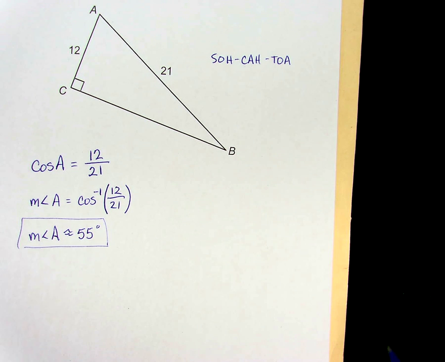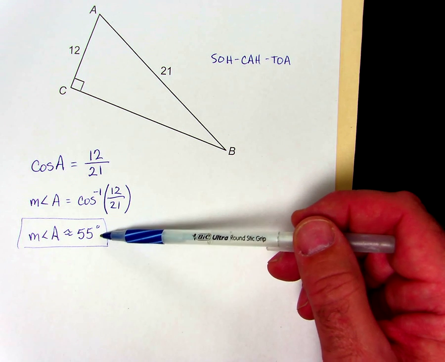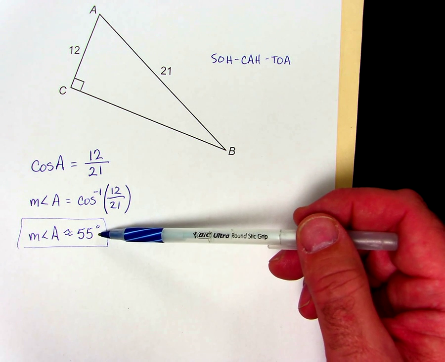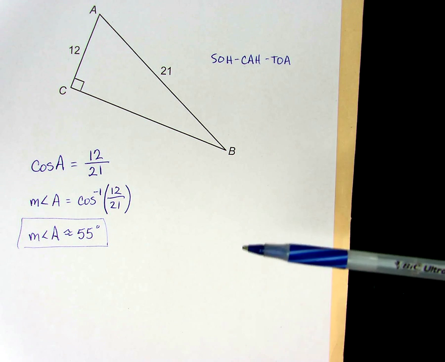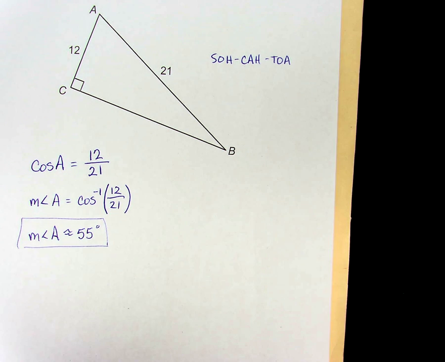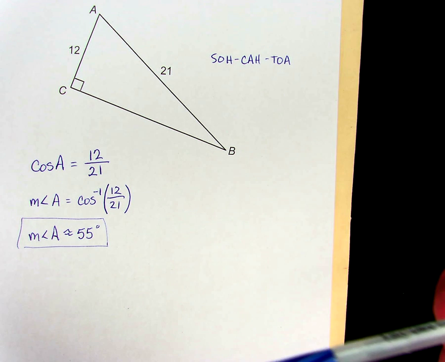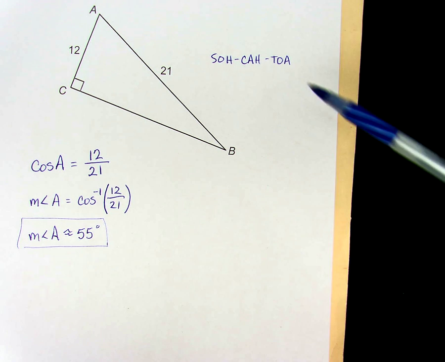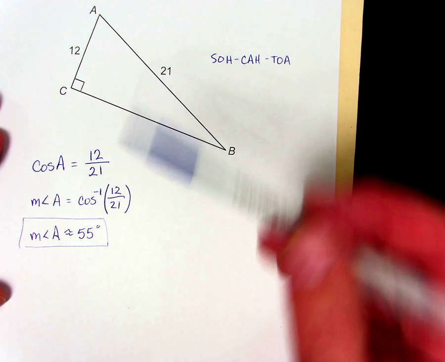Now, could I subtract that one from 90? Yes. You want to be careful. If we're going to the nearest degree, you're probably going to be fine. But if we're rounding to tenths or hundredths, it doesn't always work out that way. So let's suppose we just look at it in terms of the information we're using.